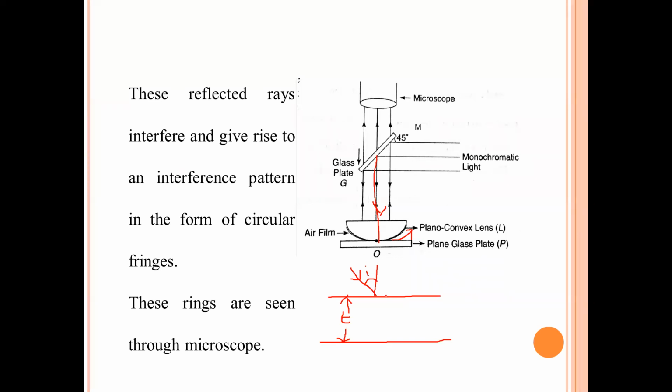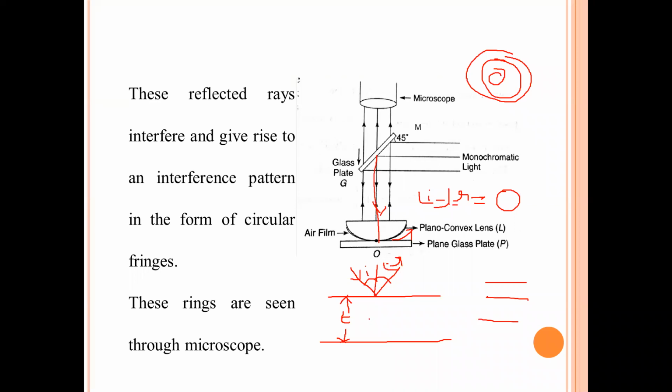Once again, I repeat. Why are fringes formed in interference in thin films, and why are rings formed in Newton's rings? The first point is, in interference in thin films, light is incident at some angle i. But in Newton's rings experiment, the angle i and the corresponding reflected angle r are both equivalent to 0. That is the first point.